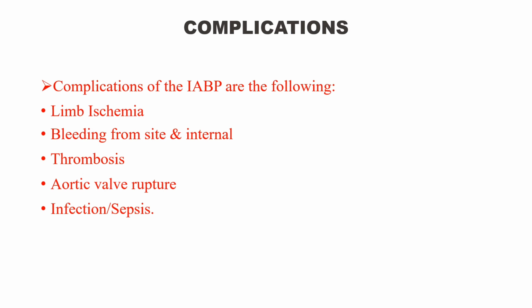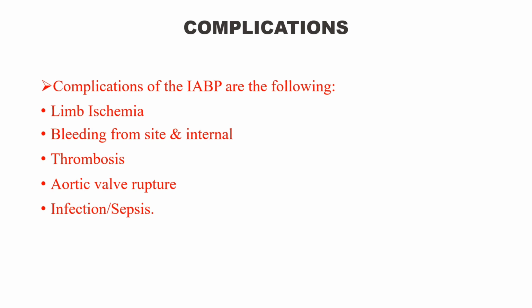Coming to the complications. IABP therapy can be very helpful and can sometimes even be life-saving, but it does have some risk. This includes limb ischemia, which is damage from lack of blood flow to the limb, and low platelet count, which might cause excess bleeding because your blood does not clot as well.